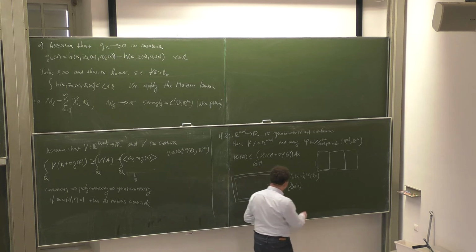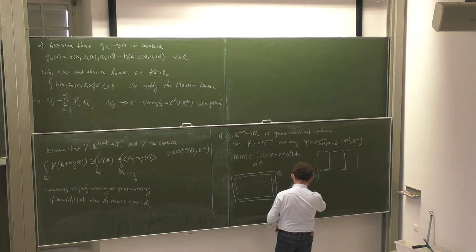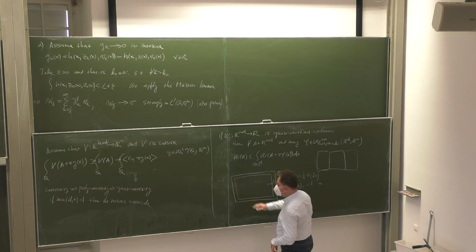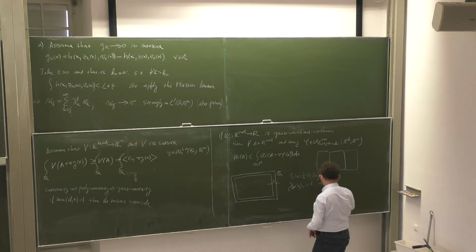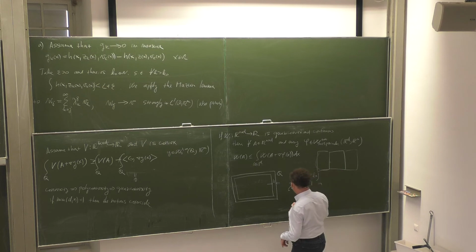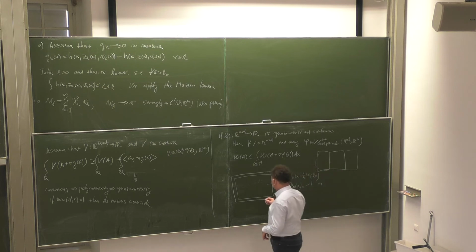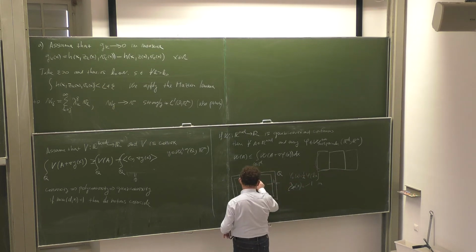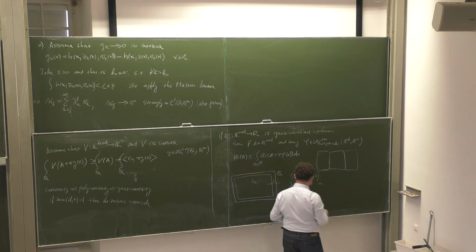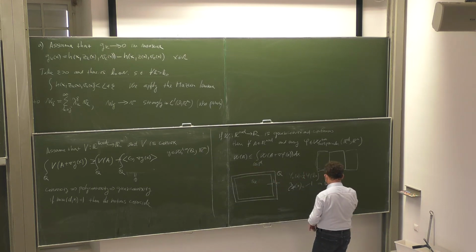So eta will be 1 inside here. Let me call this Q with subindex L, Q_L. And this will be 0 on the boundary of the big cube.